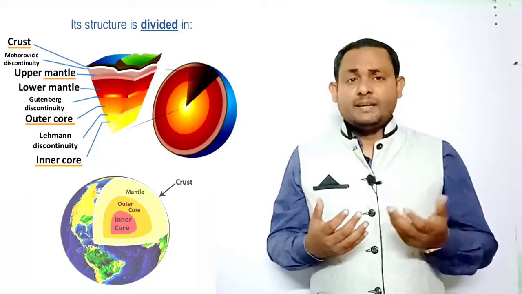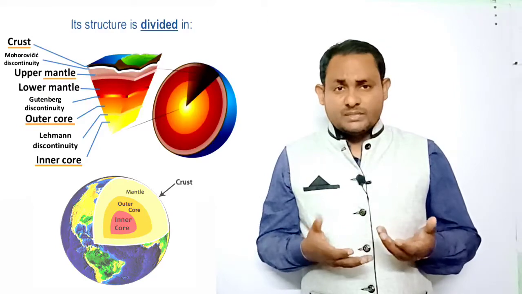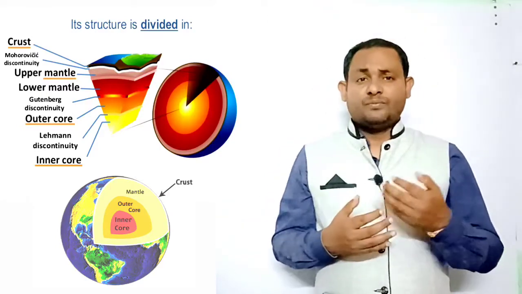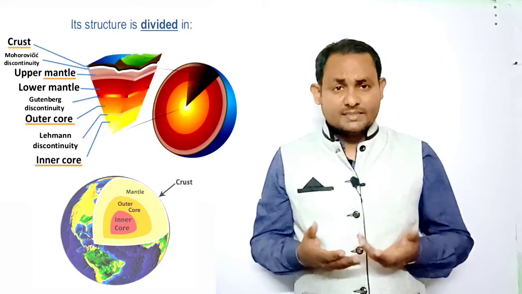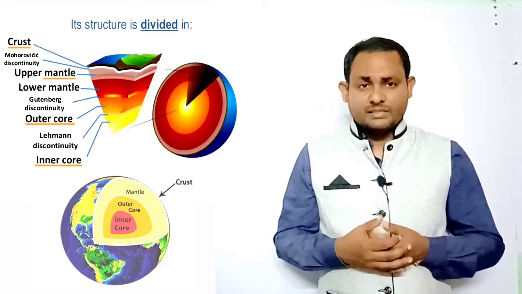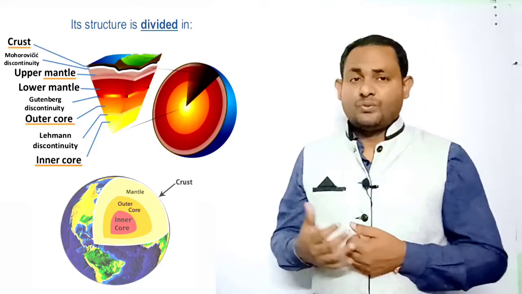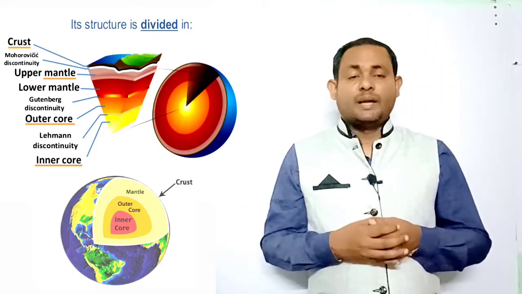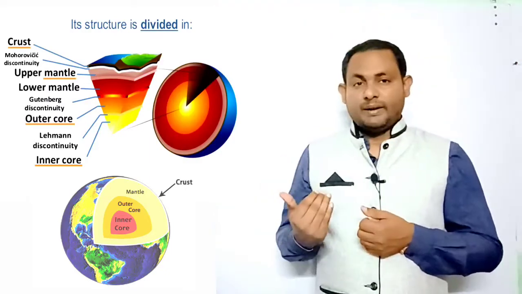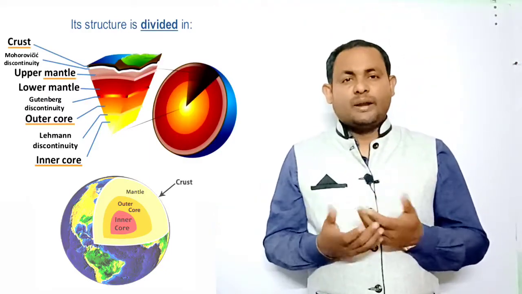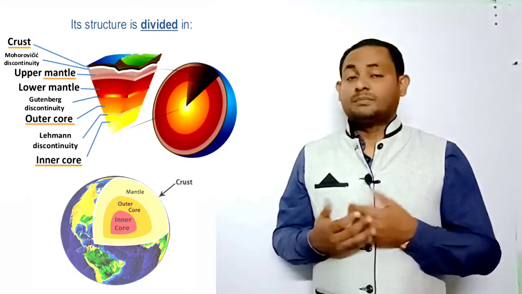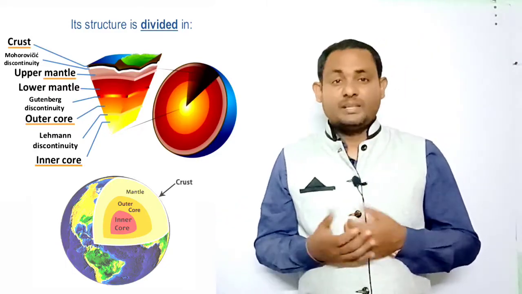The mantle extends from the Mohorovicic discontinuity to a depth of 2,900 km. It has an average density higher than that of the crust, 3.4 gram per cubic centimetre, and the mantle is divided into the upper and lower mantle. When you learn the mantle, you must know the asthenosphere and lithosphere.